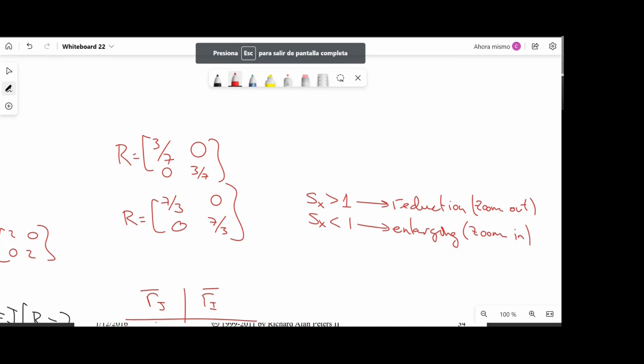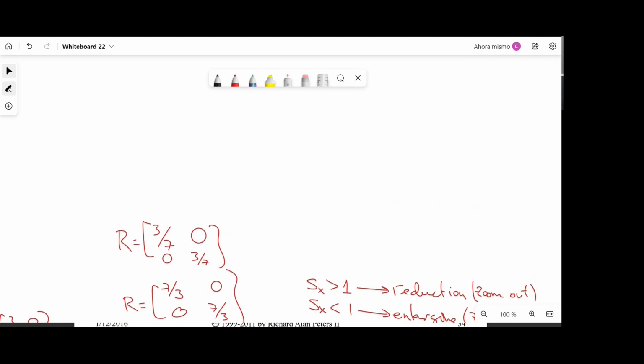So if our transformation is of this size, so let's say that I want to transform a coordinate Rj, so I have the coordinate xj, yj. I multiply by this matrix, 3, 7, 0, 0, 3, 7.